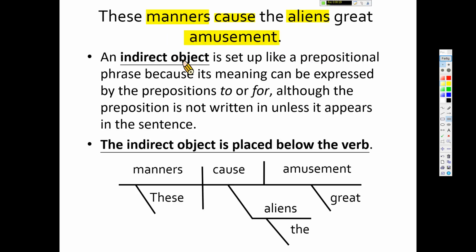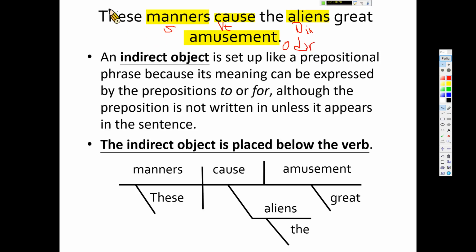So it seems to be sentence pattern number 8, right? We have a subject, a transitive verb, an indirect object and a direct object.